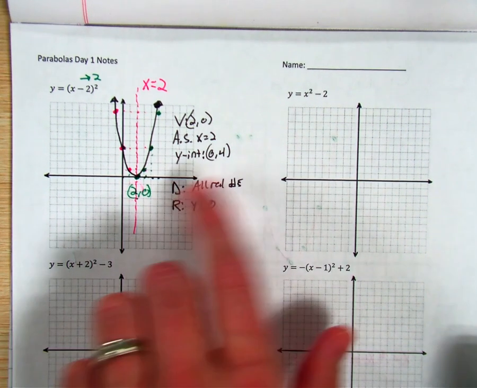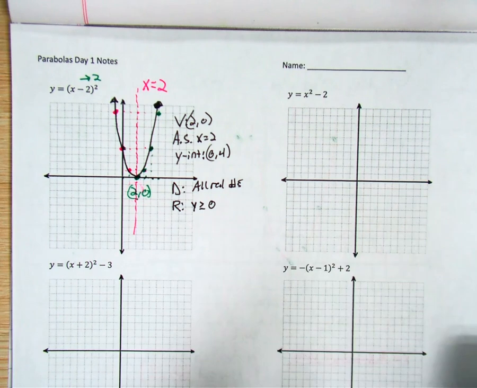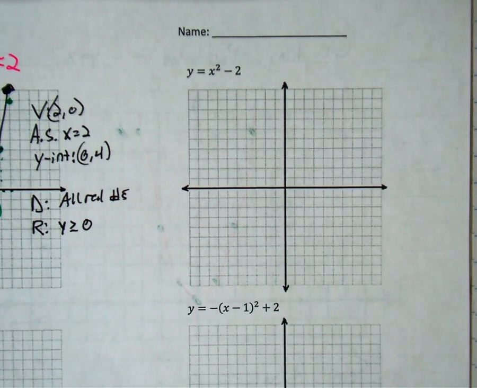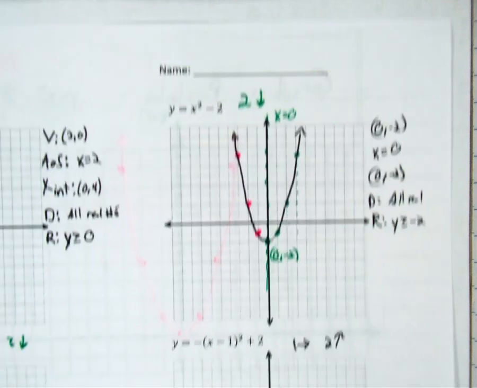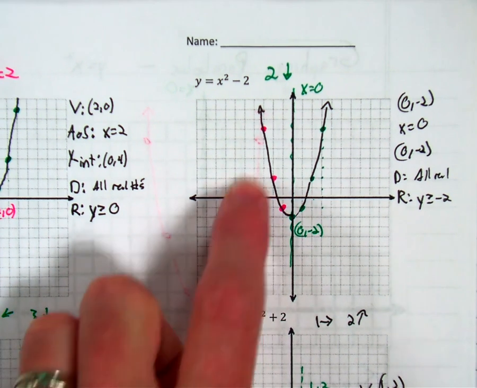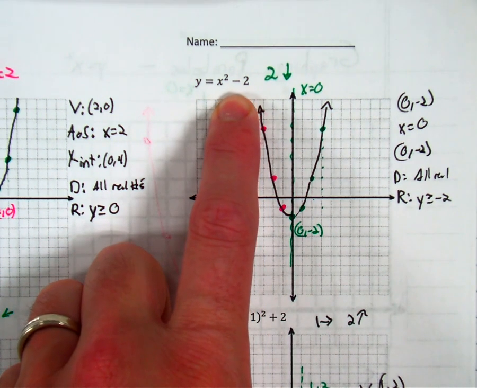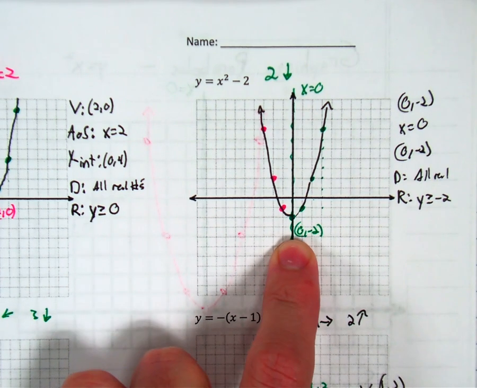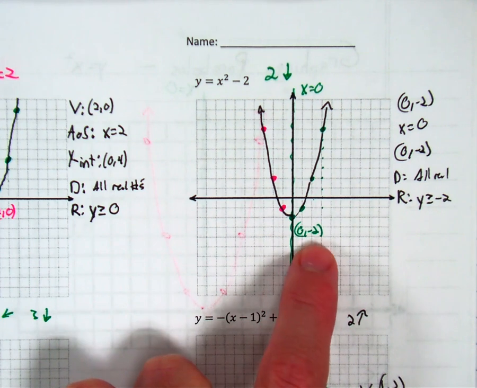All right, you push pause and try this one over here. Ready, set, go. Okay, let's check it out. Minus 2 on the outside is going to be up and down. So we're going to be at 0, negative 2. Okay, so we go over 1, up 1. Over 2, up 4.